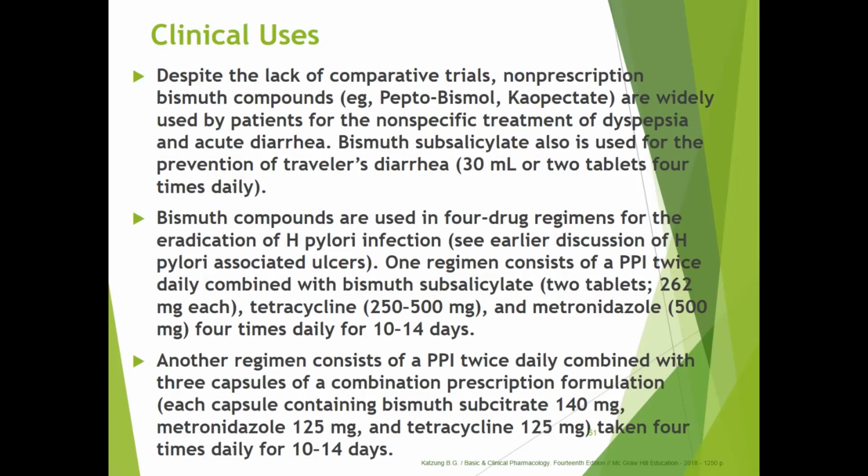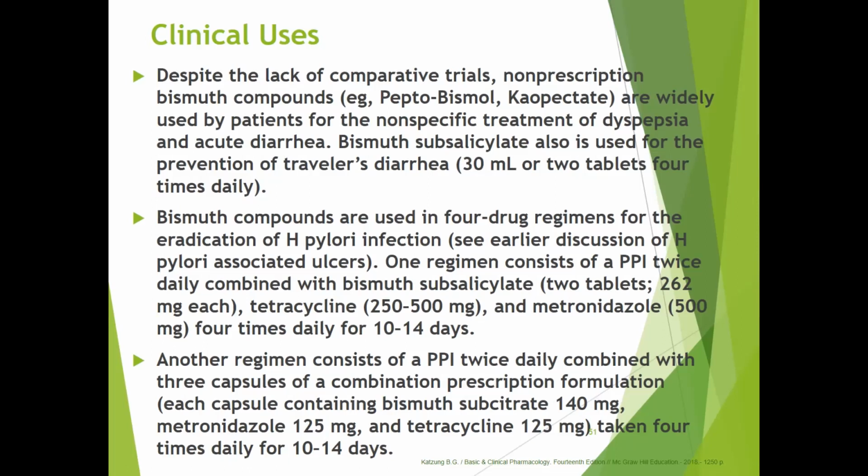Clinical use: when we like to prescribe these drugs, despite the lack of comparative trials, non-prescription bismuth compounds, Pepto-Bismol, are widely used by patients for non-specific treatment of dyspepsia and acute diarrhea. Bismuth subsalicylate is also used for prevention of travelers' diarrhea. Bismuth compounds are used in four-drug regimens for eradication of Helicobacter pylori.